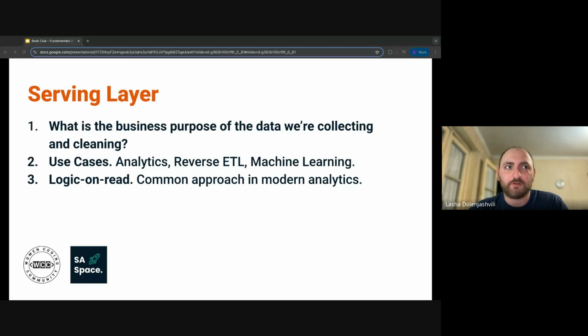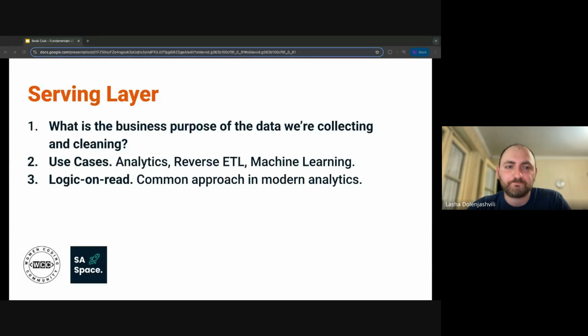So, for example, we might ingest data from different systems about customers, analyze it, enrich the customer details, and then push this entire information about our customers into tools like Salesforce, for example. And yeah, we can use it to drive more business decisions.